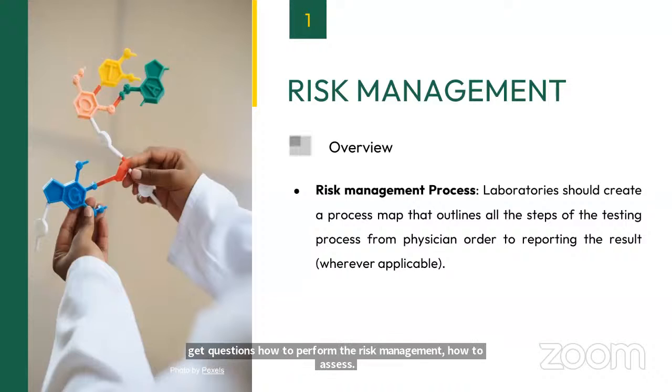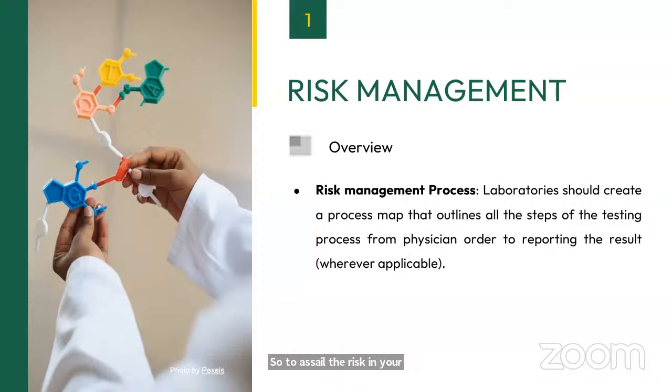So to assess the risk in your laboratory, first of all, you should have a detailed knowledge of all the processes in your laboratories and each step, each procedure which is involved in those processes. So you should know the components of the processes in your laboratory. You should have a complete map from where the actual process starts.